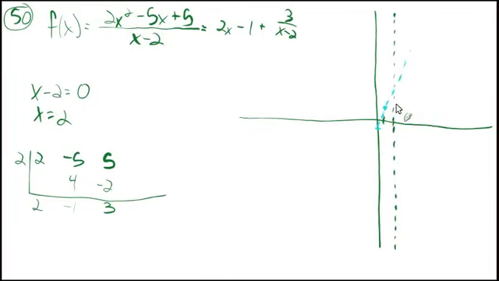There we go. We know that this rational function is going to look a lot like this line when we get out to its outskirts, to negative infinity and positive infinity. So, pretty cool, pretty interesting.